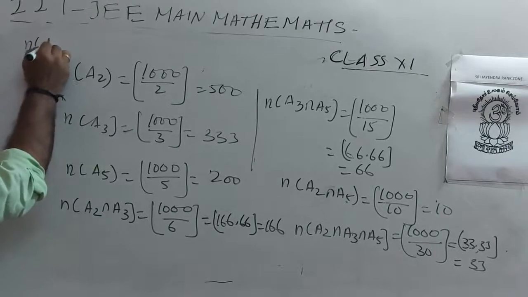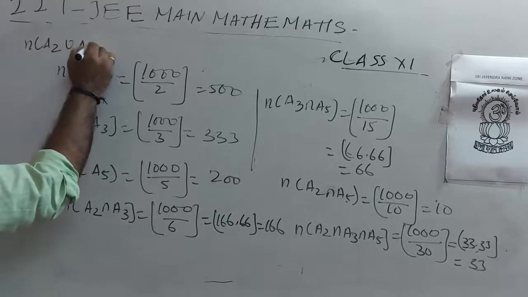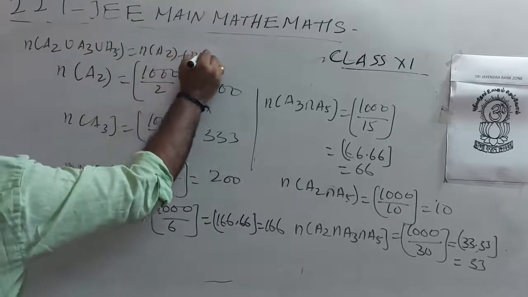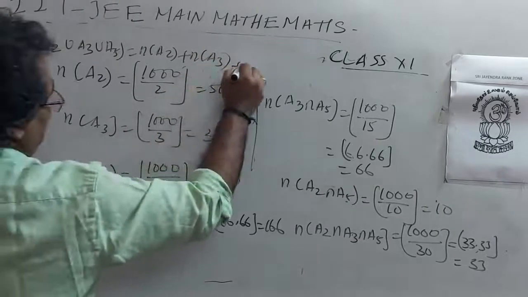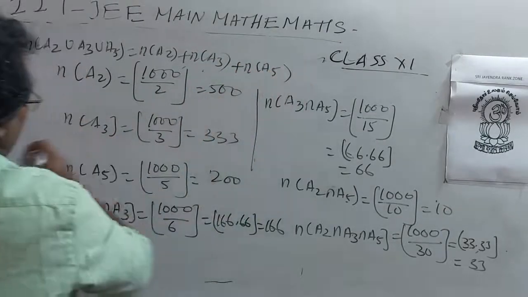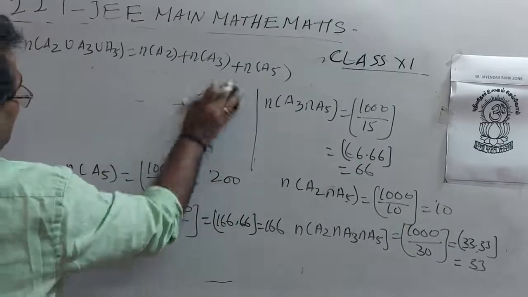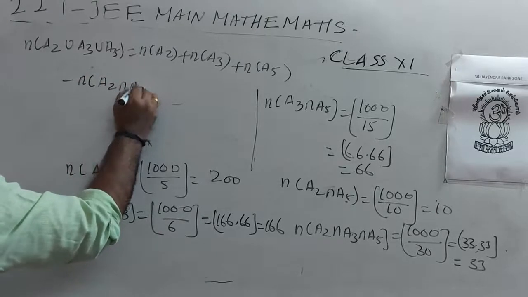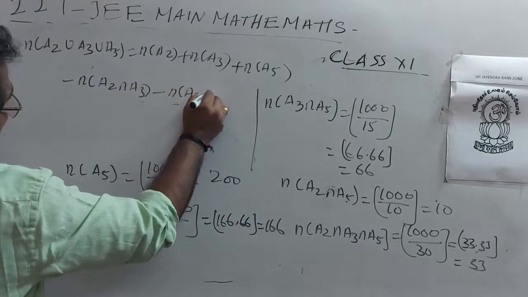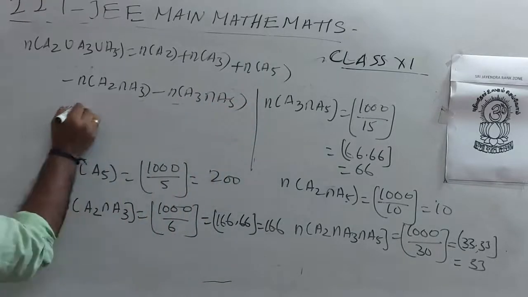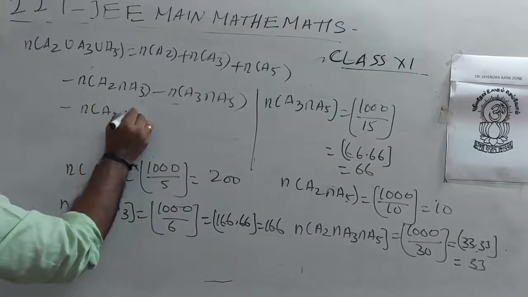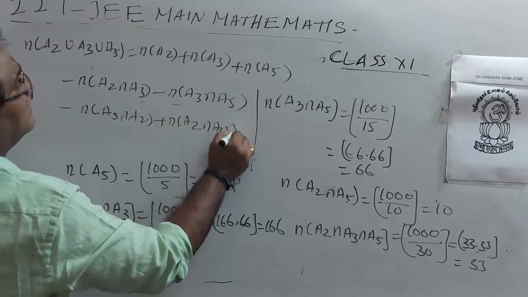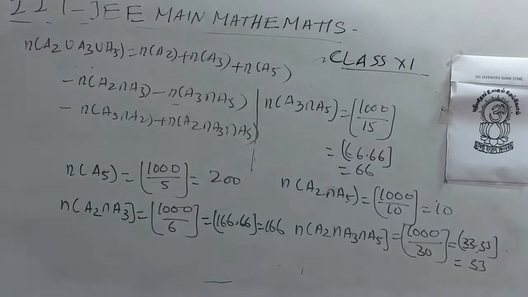n of A2 union A3 union A5 equals n of A2 plus n of A3 plus n of A5 minus n of A2 intersection A3 minus n of A3 intersection A5 minus n of A5 intersection A2 plus n of A2 intersection A3 intersection A5.